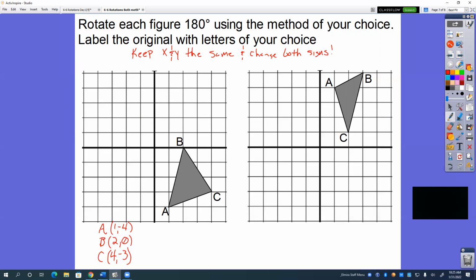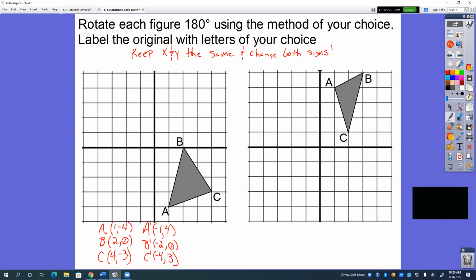Okay, that means that A prime would be -1, +4. B prime would be -2, 0. And C prime would be -4, +3.